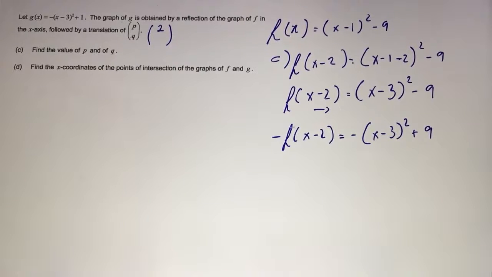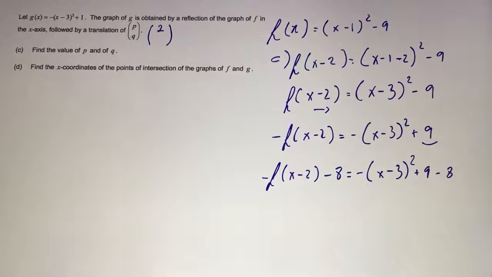And now, what do I have to do to this reflected and translated f in order to make positive 9 become positive 1? Well, I have to subtract outside by 8. So it'll become minus, open brackets, (x minus 3) squared plus 9 minus 8, which will become 1.